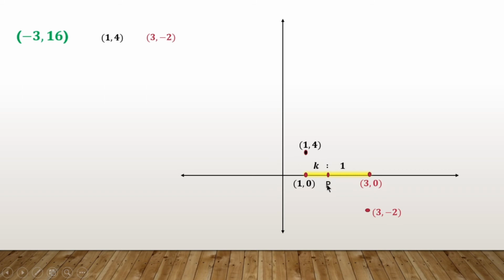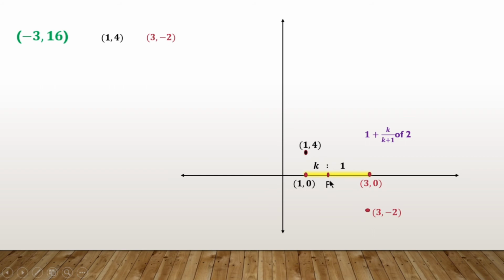If we have to find the coordinates of this point, we have to travel this much and this much. So this much is 1 and this much is k over k plus 1th part of this full line segment, and this full line segment is 2 units, 3 minus 1. So here the x coordinate of this point is 1 plus k over k plus 1th of 2.